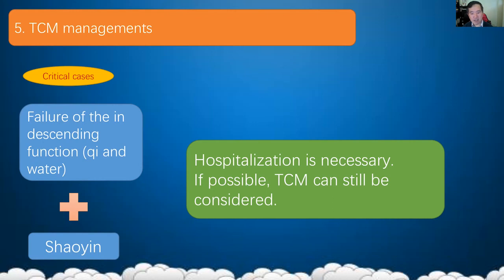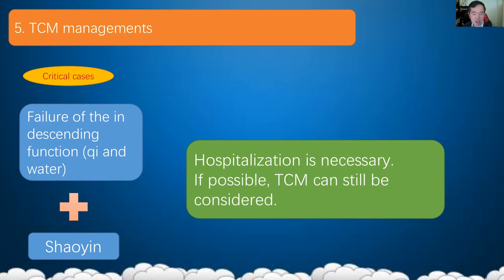Altogether, it means that TCM is very sophisticated, but sometimes in critical cases we do need a combination with modern medicine. In this case, we want to save people's lives and also support patients as much as possible. In China, in this situation, people can still be offered acupuncture or herbal medicine. However, in Western countries, probably it is not possible because the TCM treatment is not included in the system.